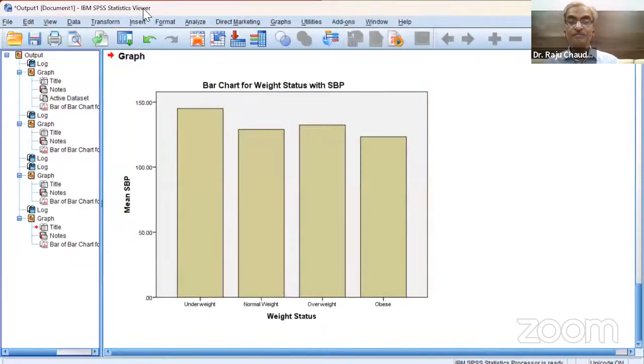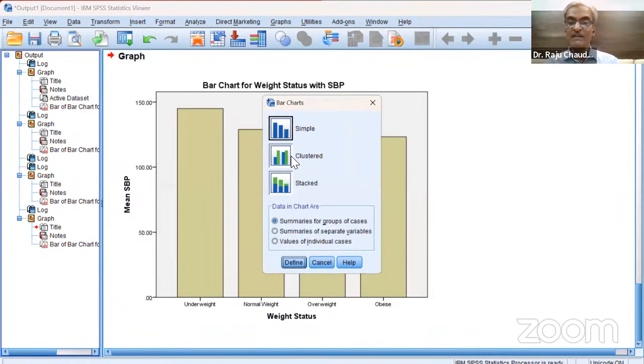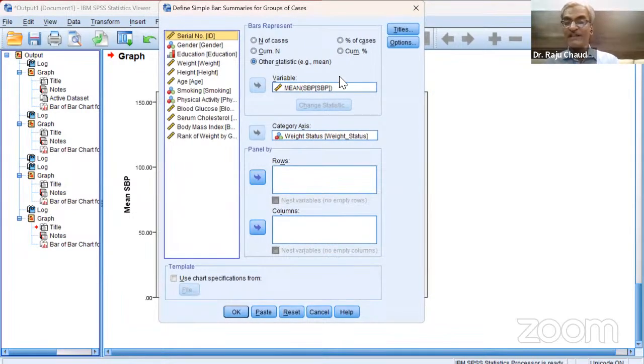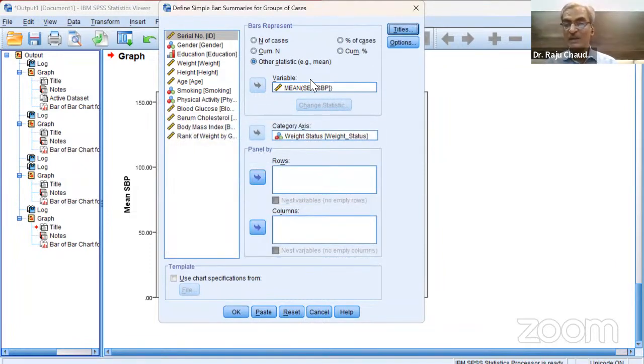Generally, when we use the same command, the earlier variables are still there. Suppose I forgot to change the title in the previous chart.